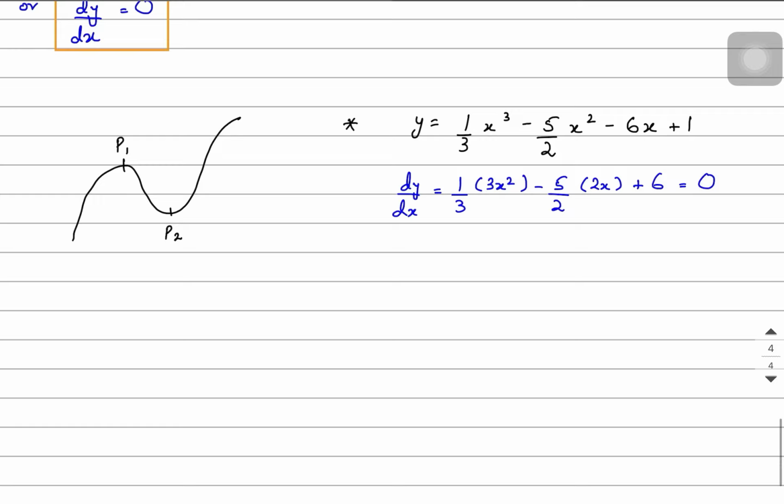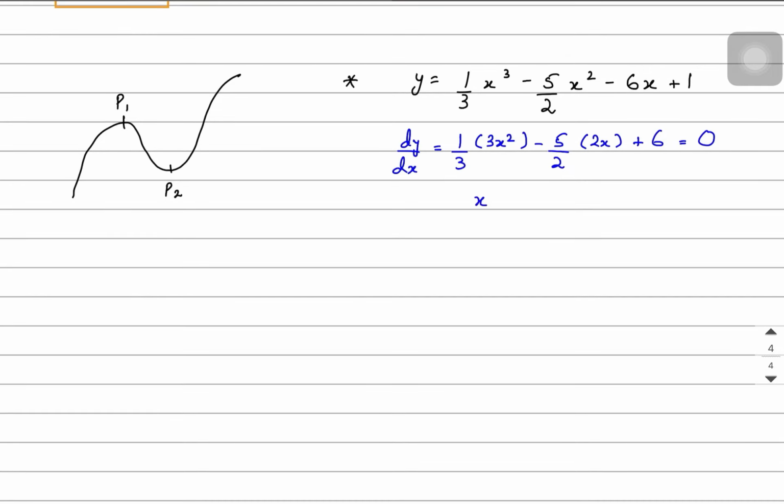So I will put the derivative equal to 0. This becomes x squared minus 5x plus 6 equals 0. I'm going to factorize it, or use the quadratic formula, and I will get x equals 2 and x equals 3. I have got the values of x.